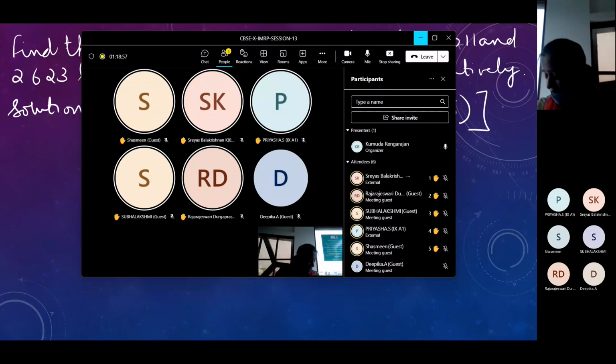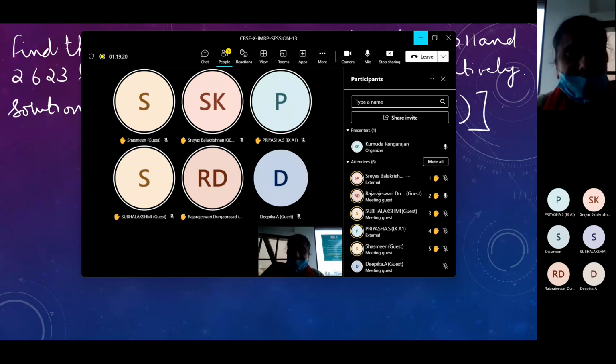Yeah, Subbalakshmi, just share your answer on WhatsApp. Can you do that? Yes, ma'am. Yes, I too got 154, ma'am.